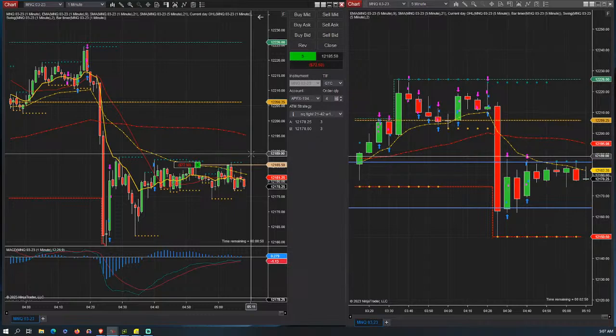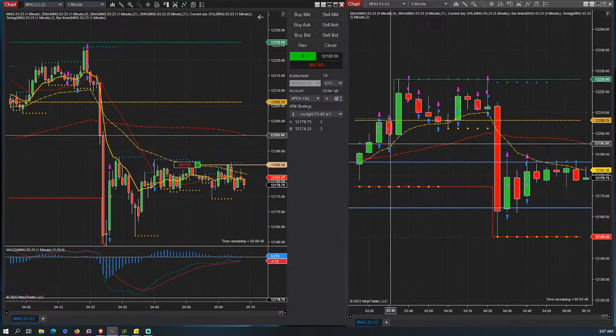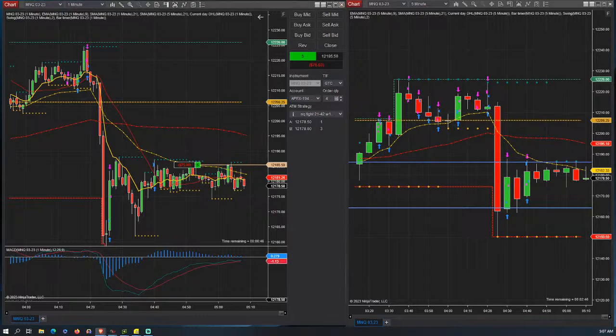Oof, what'd I say? It's gonna make a move. Oh, don't tell me it's making a move like that down. Like I'm not looking at one asset that I usually look at as well. And now it's fighting for 12,180.